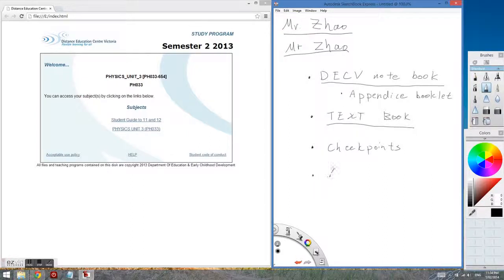I also ask you to have an A4 notebook for your physics notes. You can buy an A4 size notebook from the supermarket. Physics is a hard subject, so I need you to have a notebook ready. Every time you study physics, write down some notes.